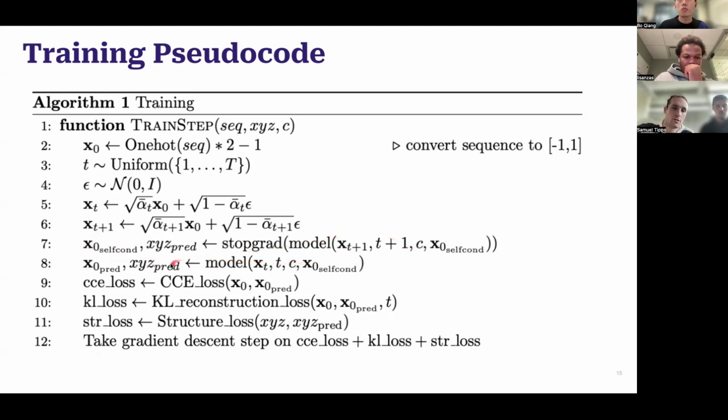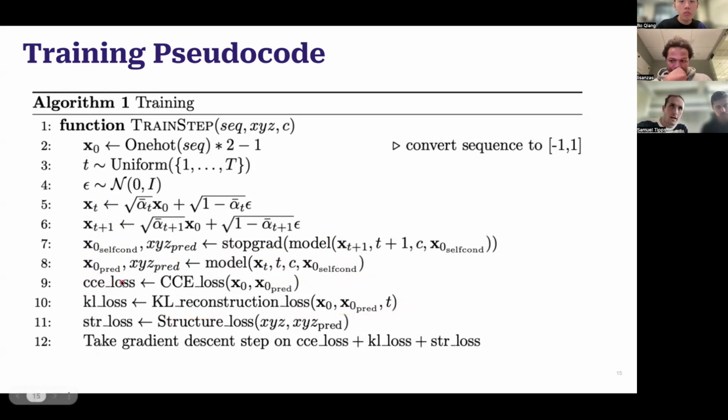And then we use that self-conditioning information to then predict the ground truth X naught. The three losses that we're using are, first, the CCE loss over the sequence, which in the analog bits paper they actually mention that you can use either MSE or CCE loss. We use this KL reconstruction loss, which was actually suggested to us by the authors of the LM diffusion paper.